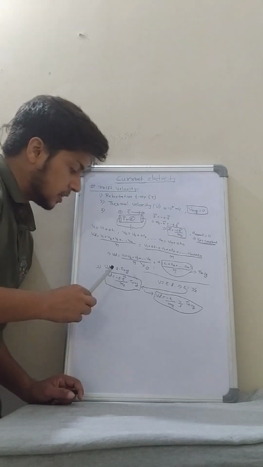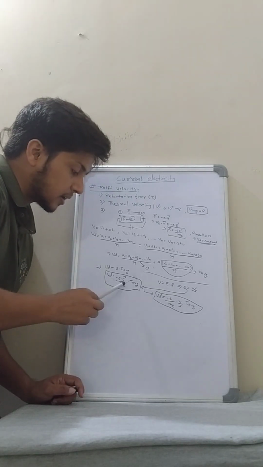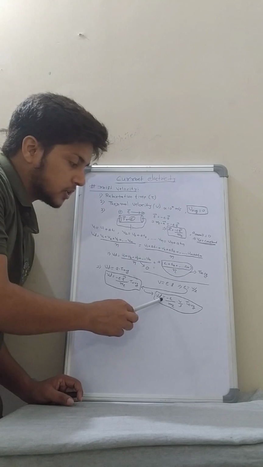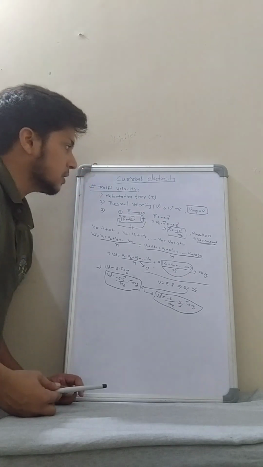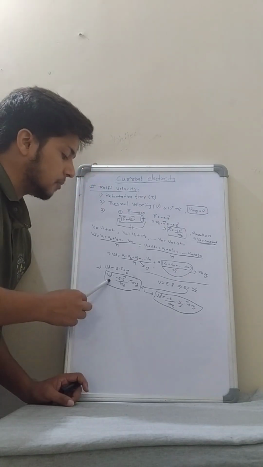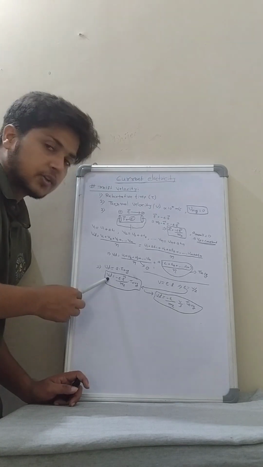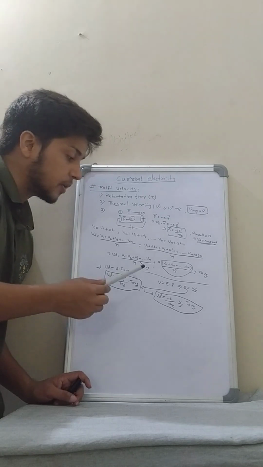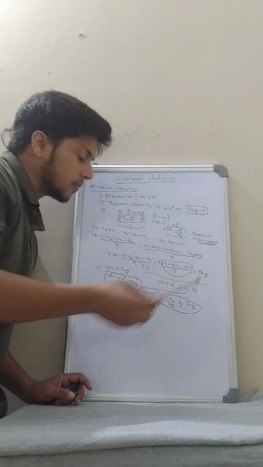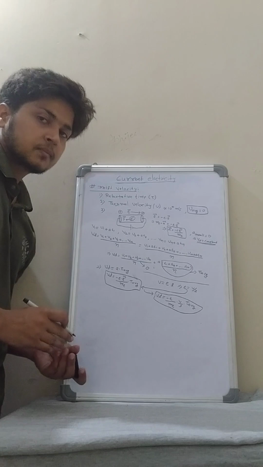So you can see drift velocity in terms of electric field, and here drift velocity in terms of potential difference. So we have derived the expression of drift velocity in both forms, in terms of electric field and in terms of electric potential. Okay, thank you.